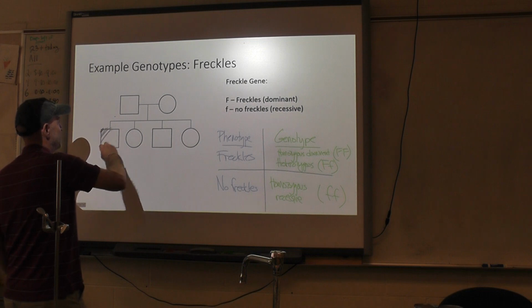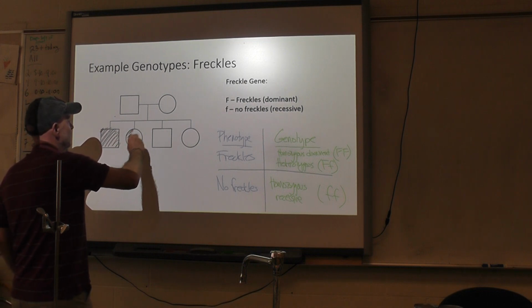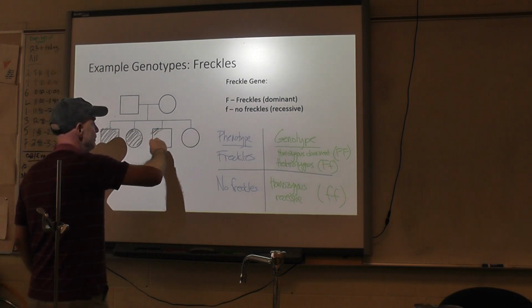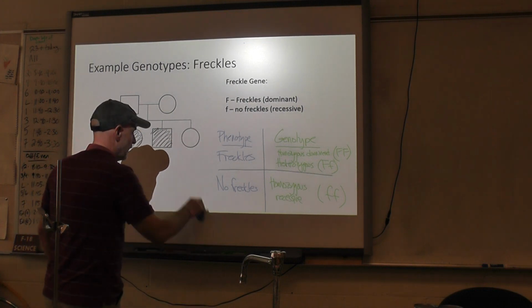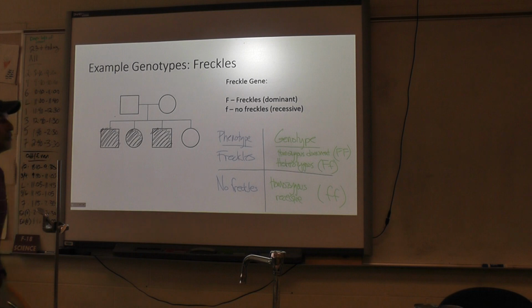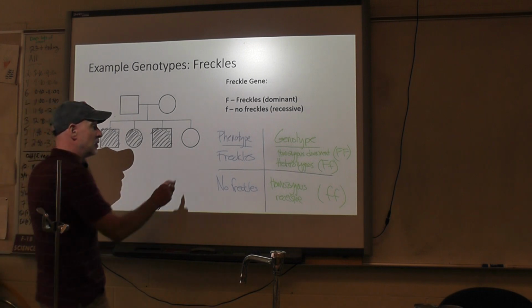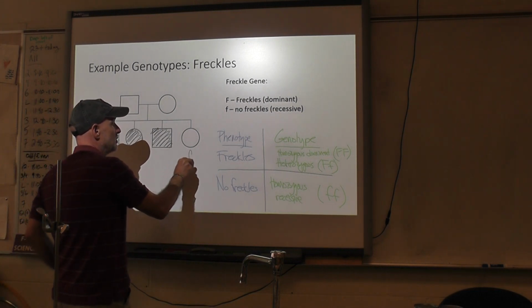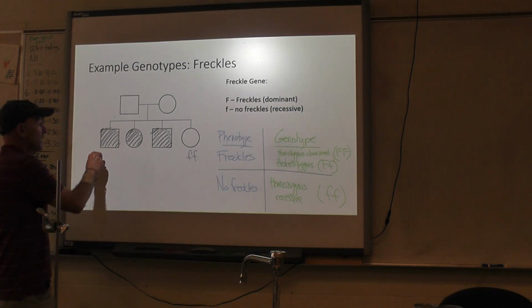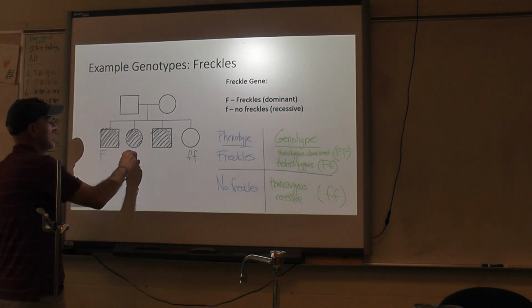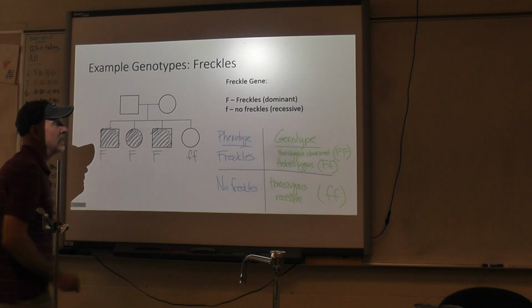Sorry, all her siblings had freckles, and she did not have freckles. So we know, since she has no freckles, her genotype has to be homozygous recessive, and all of these individuals have to have at least 1 dominant allele.